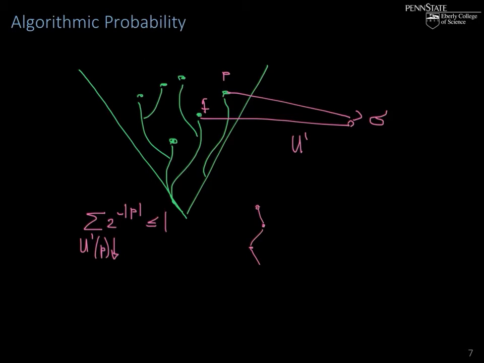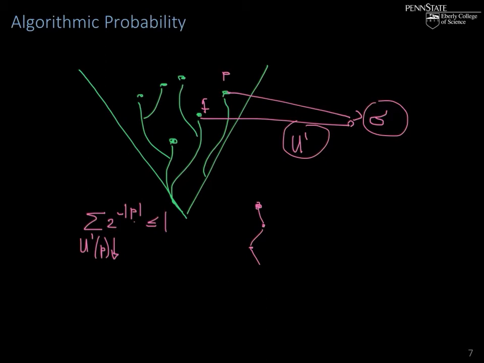If, however, I reach a point where it converges and outputs something, then I just output it. Now, what is the probability that this way I produce a specific string sigma? Well, it's just the sum of 2 to the minus length of p over all p for which the universal prefix-free machine outputs sigma.